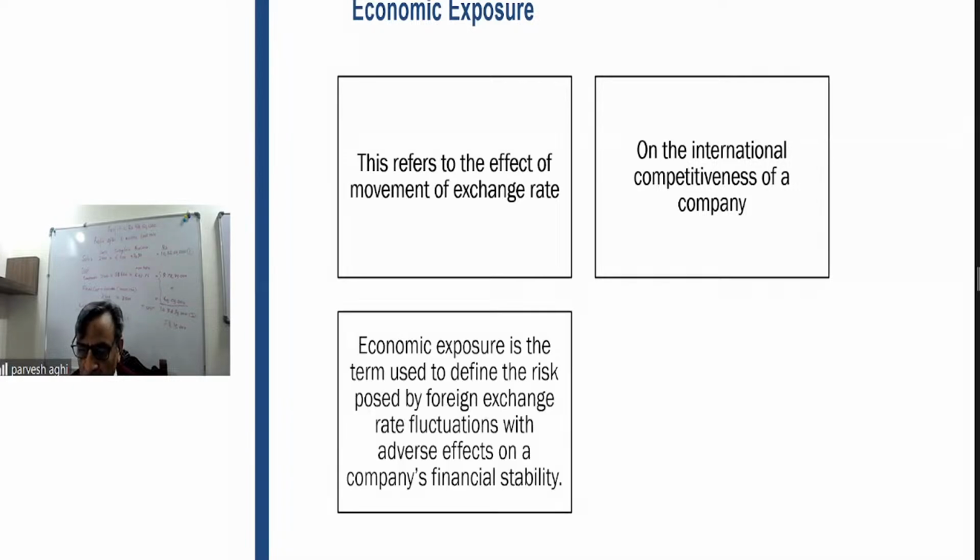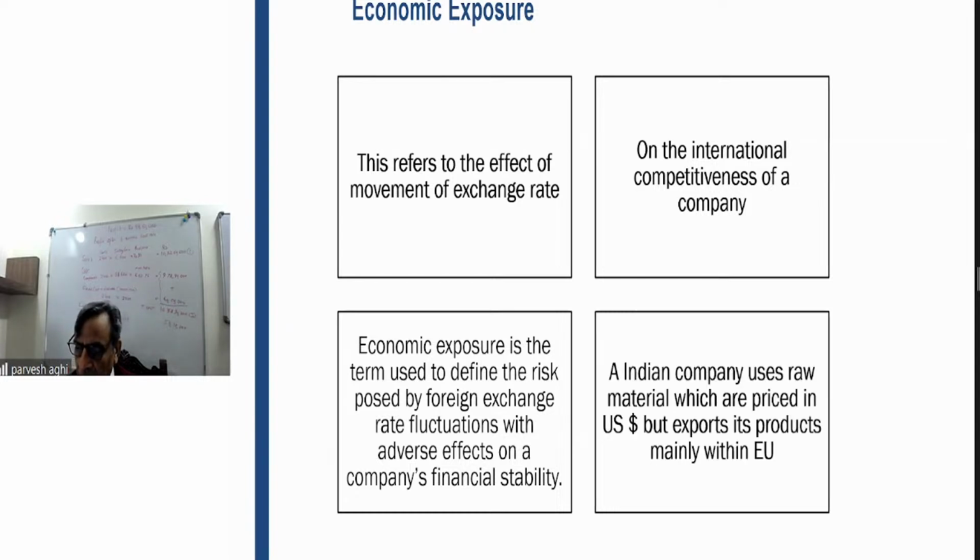So economic exposure is the term used to define the risk posed by foreign exchange rate fluctuations with adverse effect on the company's financial stability. So this is an exposure which is going to cause an adverse impact on the financial stability of the company. Okay. For example, let's try to understand that an Indian company uses raw material which is priced in US dollars, but exports its products mainly to the European Union.